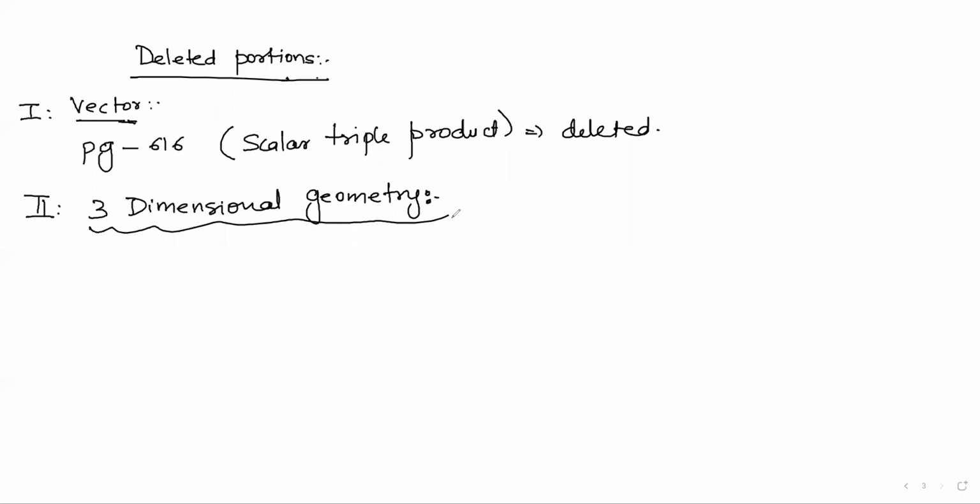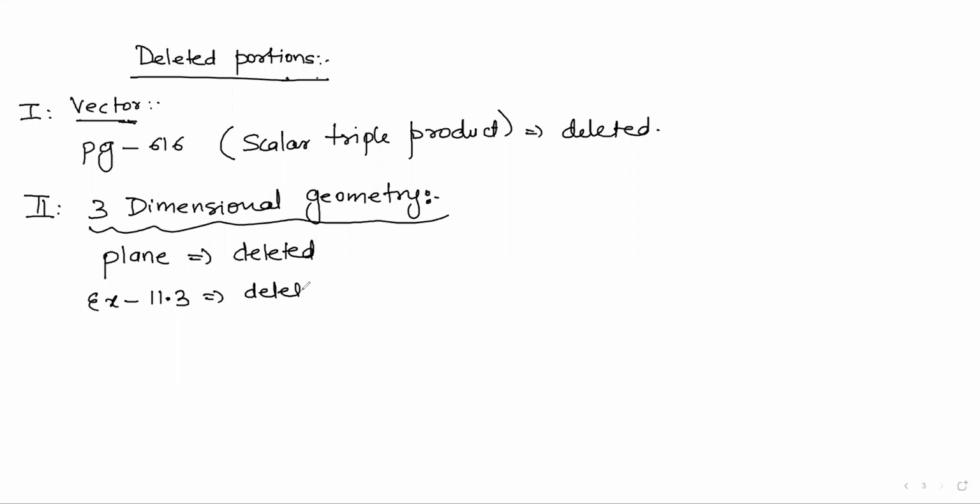Plane was very, very, very difficult. Yes, it's deleted now. So in three-dimensional geometry, please note down this. This complete topic, plane, has been deleted.